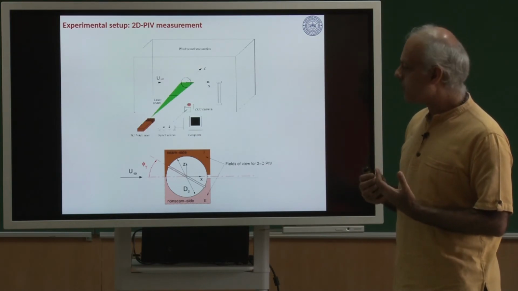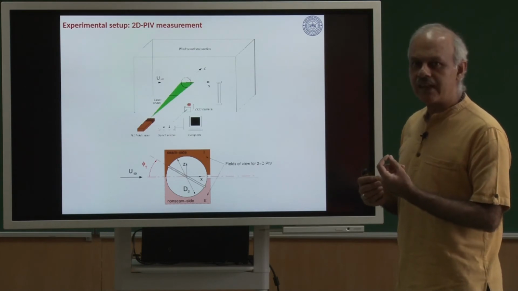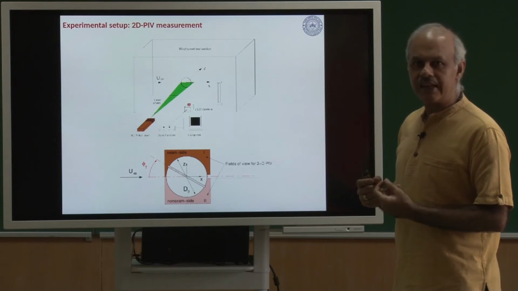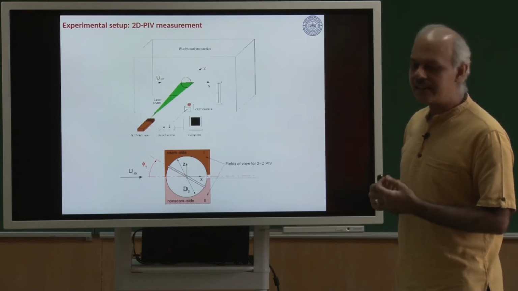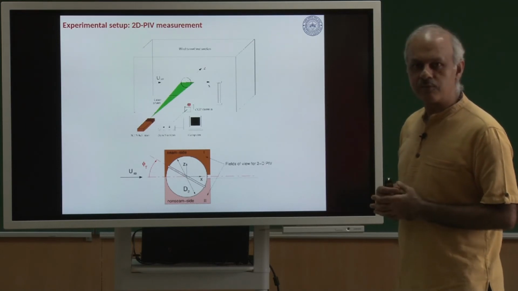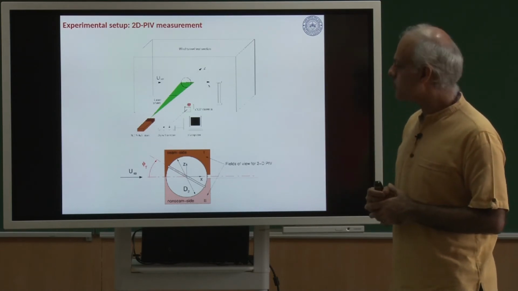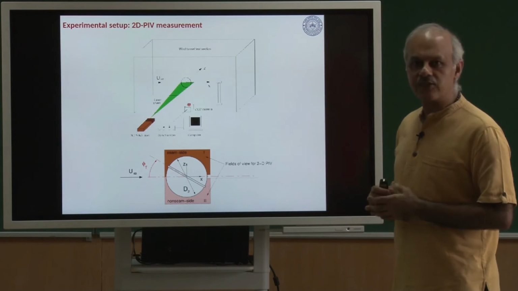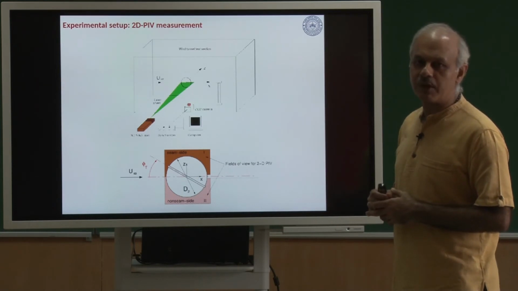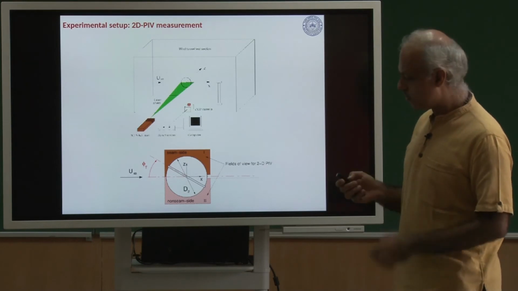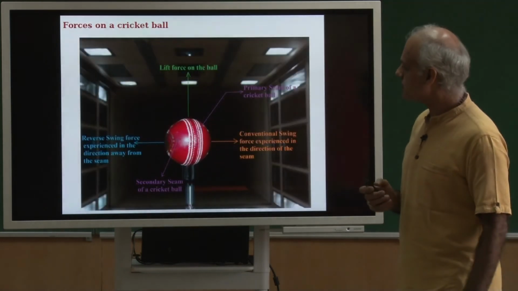So we are able to locate where one fog particle has moved to, and because we know the delta x, delta y and delta z which the particles have moved, and we also know the time difference between the two shots of the laser, we can actually estimate the velocity of the fluid particles. Okay, so it's a very interesting technique. So that has also been used to study the flow.